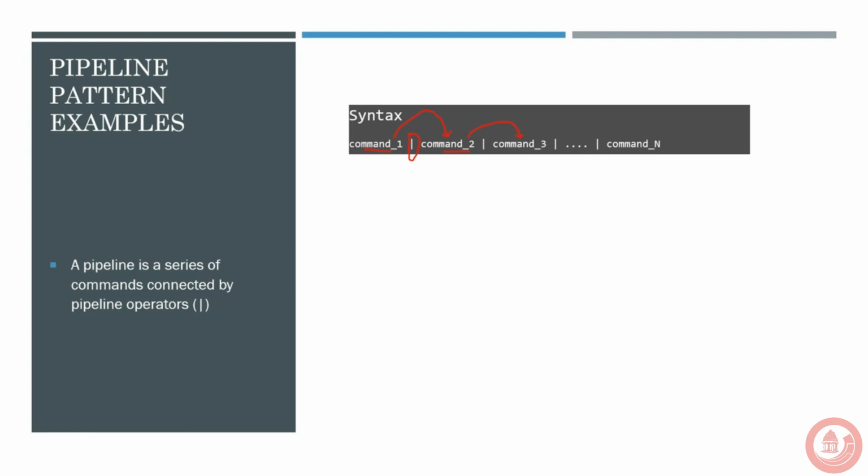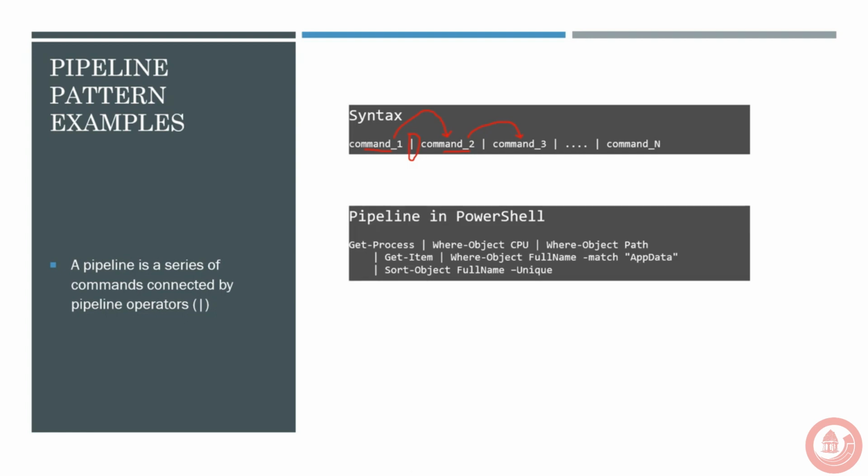Even in your Windows operating system, you use it in PowerShell, where you can write your command. For example, I want to get all the processes, and then I want to find the processes where CPU is there, and from there I want to take the path, and whatever items I have right now, I want to get their item, and check where the app data is, and then I will sort it, and I get the final list here.